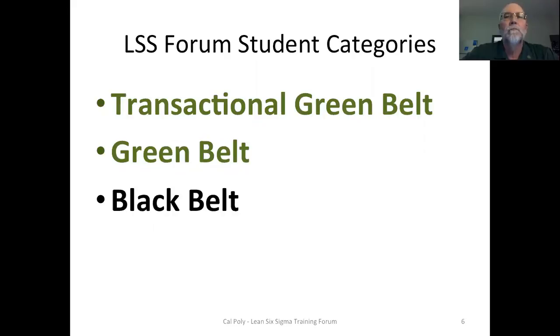So we've got 3 different categories of students, really. We've got people that are doing a transactional green belt. I think there's like 3 people right now in the class, and we might get a couple more that are going to add in. The transactional green belt is the green belt body of knowledge. It's about 70 hours of online training. The only thing they cut out of that is some of the stuff that's more particular to manufacturing.